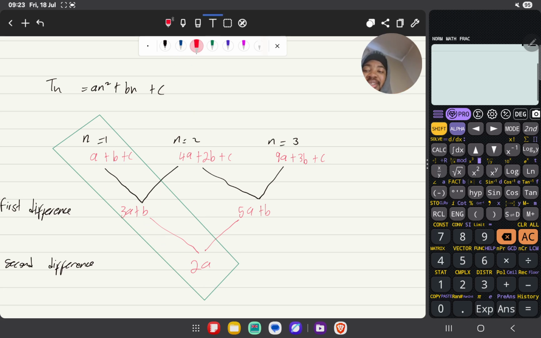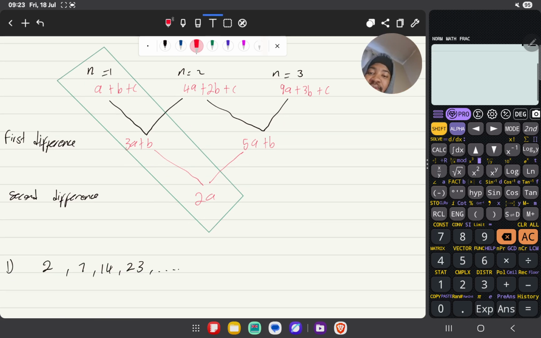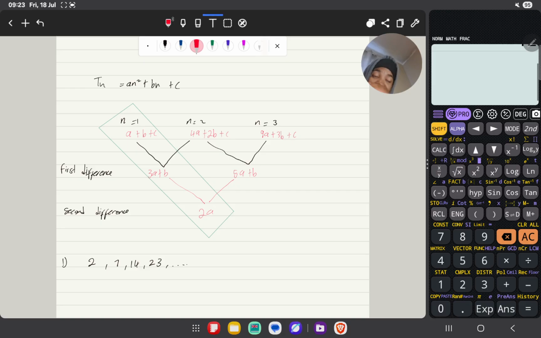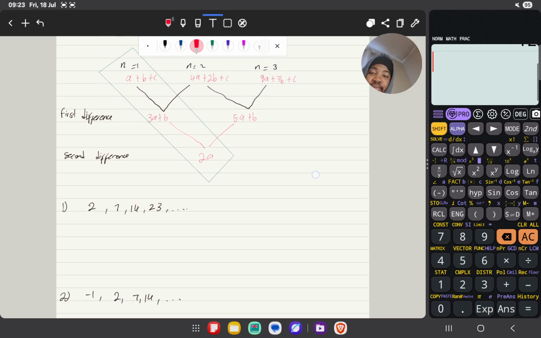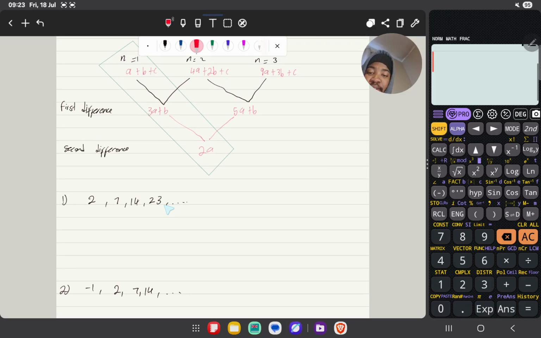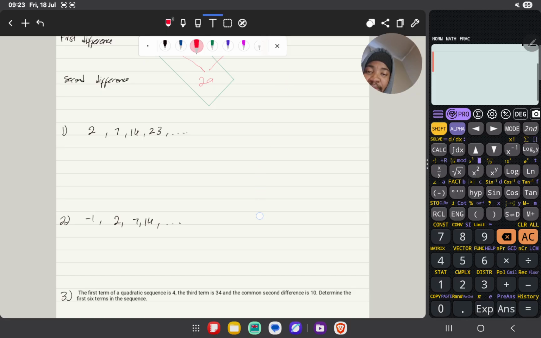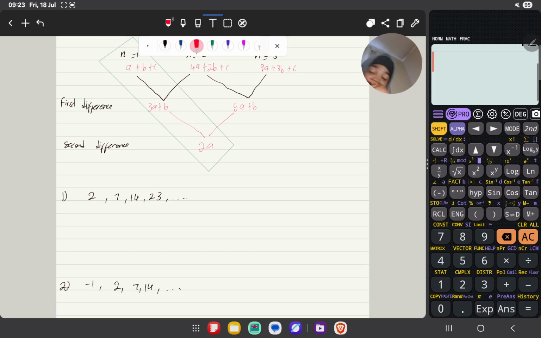These are the values that we use whenever we're trying to find the equation of a quadratic sequence. Cool. So let's use these examples we have to cook something.